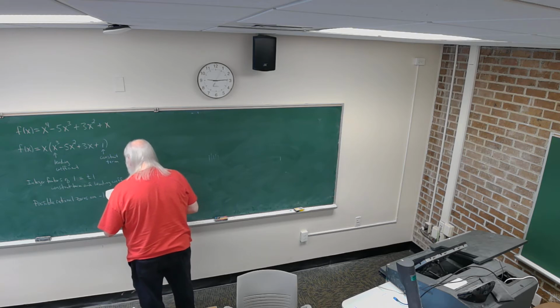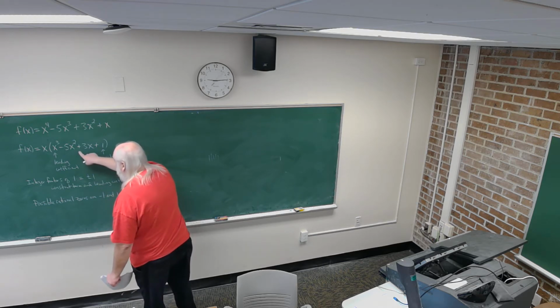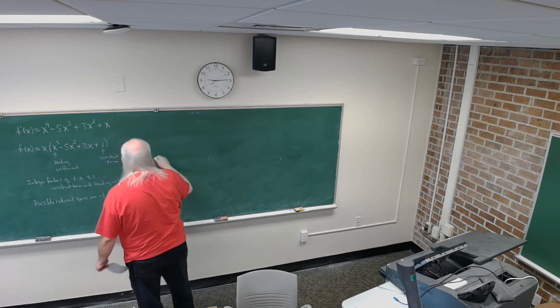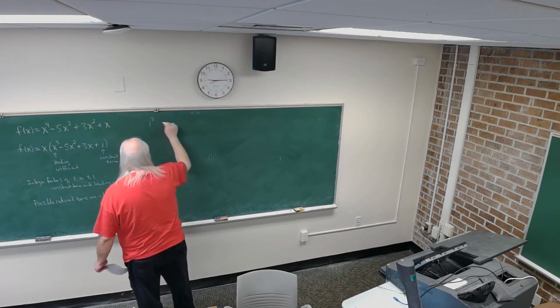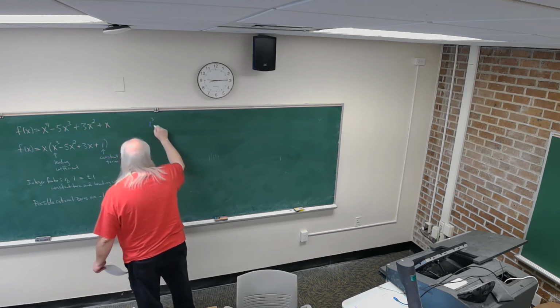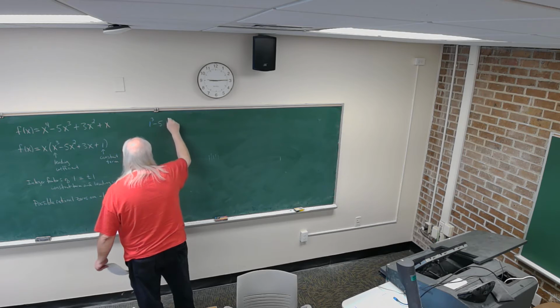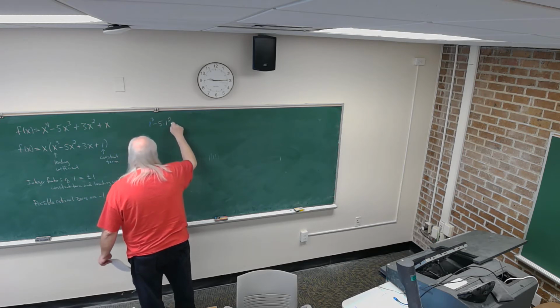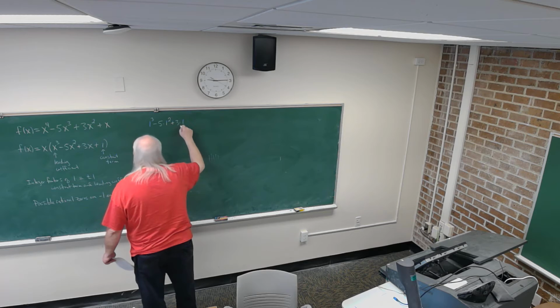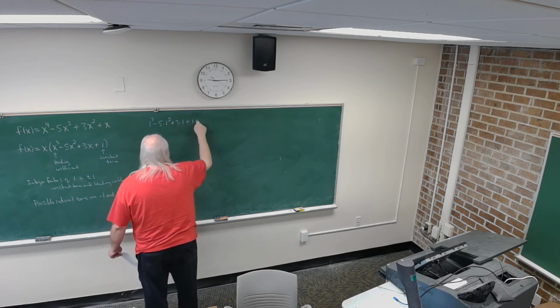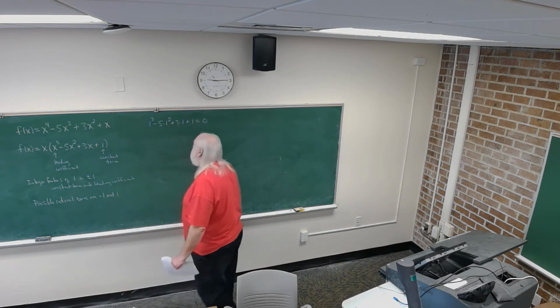So I put in plus 1 into this 3rd degree polynomial. I have 1 cubed minus 5 times 1 squared plus 3 times 1 plus 1, and that equals 0.